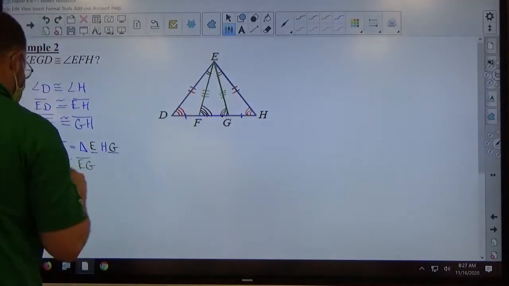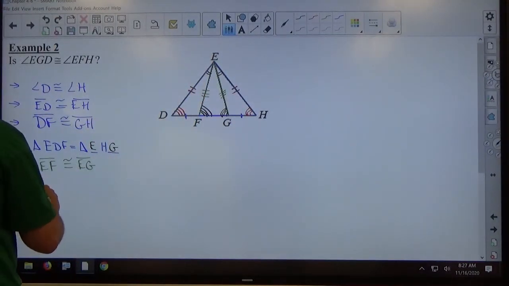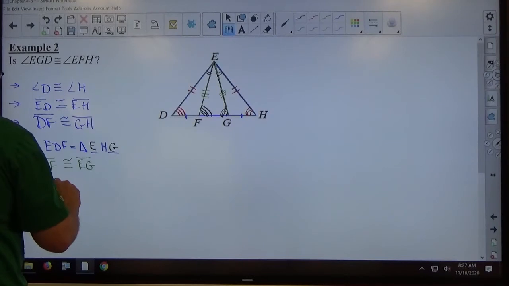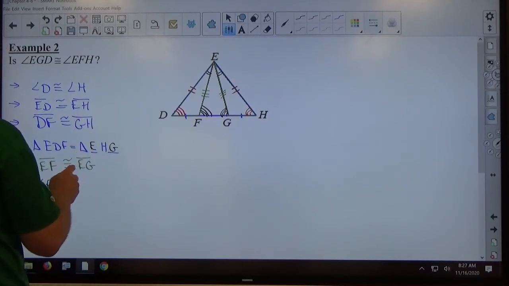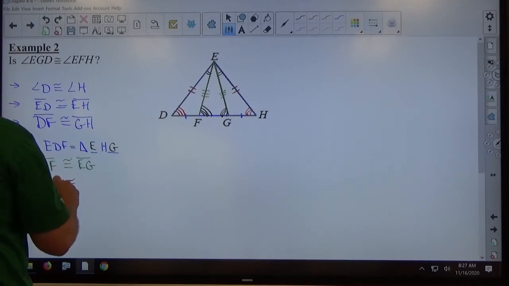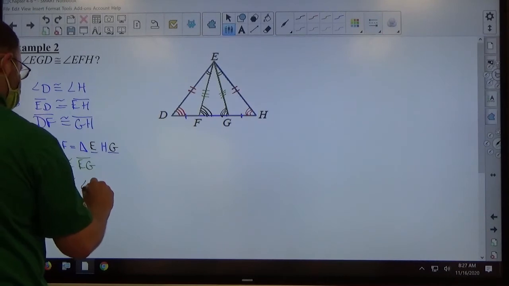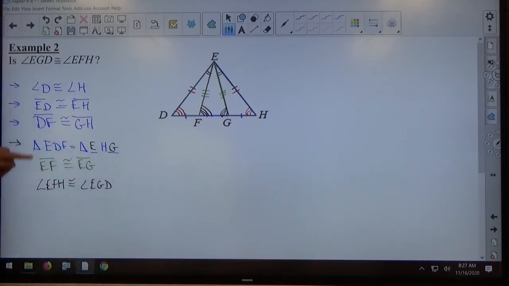Isosceles triangle theorem says that angle EFG is congruent to angle EFH, congruent to EGB. I just tried to use the same letters they used. Did it backwards, but it means the same thing.